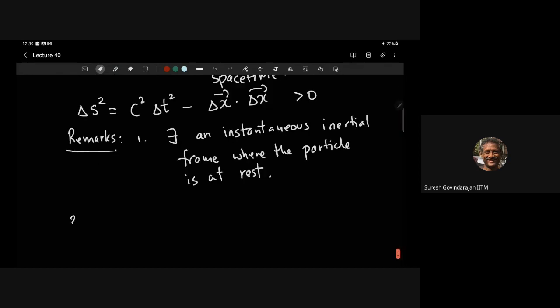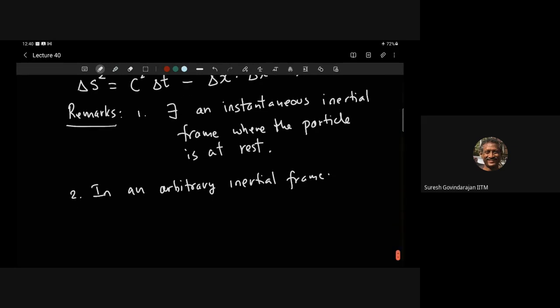But in an arbitrary inertial frame, instead of calling this delta s, I'll call it delta tau. So let delta tau be delta s.